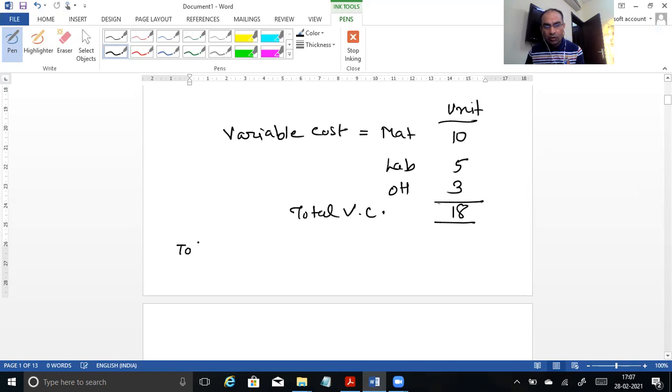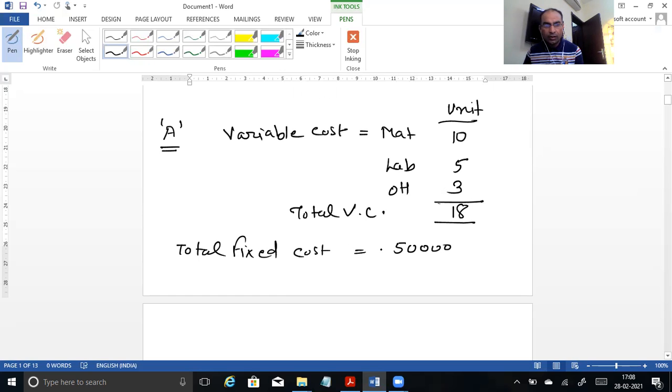But total fixed cost of the entire factory, not only this product, say for example, the name of this product is A. Not only this particular A product is produced, there are other products also like B, C, D. And for all the products, total factory fixed cost altogether comes, say for example, 50,000.